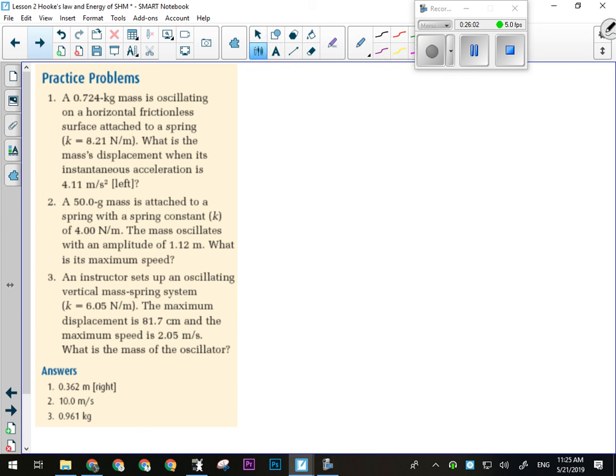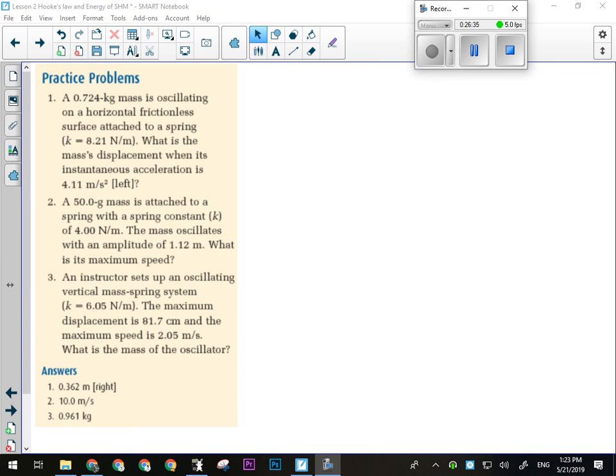So this is one of those negative k times x equals m times a type of problems. In this case, we're looking for x. We know k, we know m, and we know a, so we can solve for x. We'll have m times a over negative k. We would just multiply and figure it out from there. We'll start it tomorrow. Actually, no, we won't, because tomorrow you have a test. So we'll start talking about that Thursday after I go over the test with you.